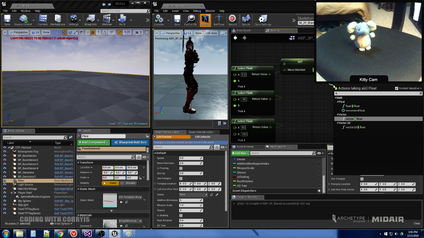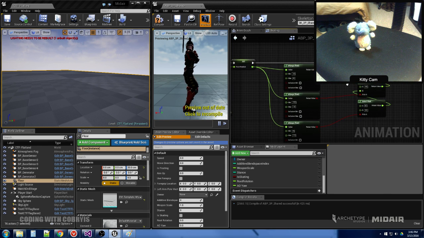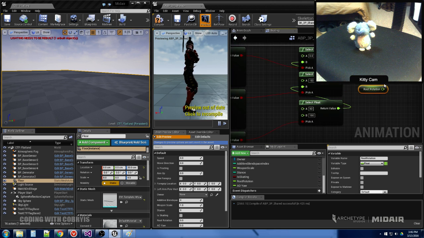Direction plus root rotation. We're just gonna grab it again because it's already been set.